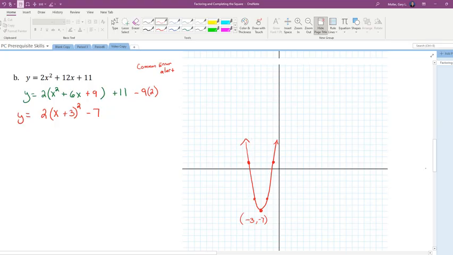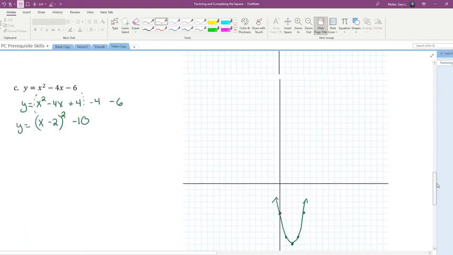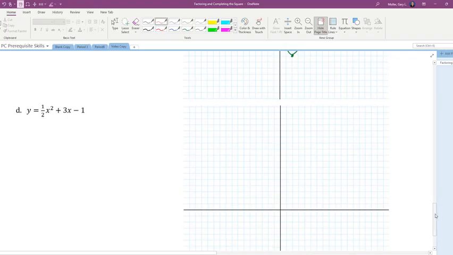Okay. And I think I've got one more. Part D. All right. Now, we don't like fractions, but the more we just deal with them, the less scary they'll be. So just like before with that 2 sitting there, I don't want it, so I've got to factor it out. So I'm going to factor out a half, and I've got x squared.